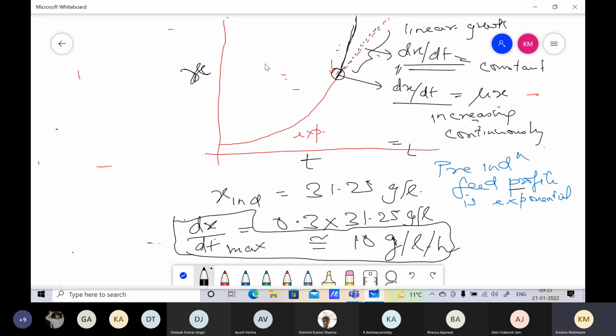Biomass is increasing, and dx by dt is not zero. It is a constant. So this line will go like this.